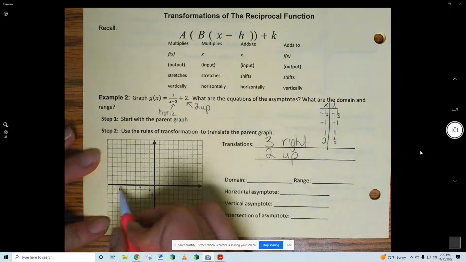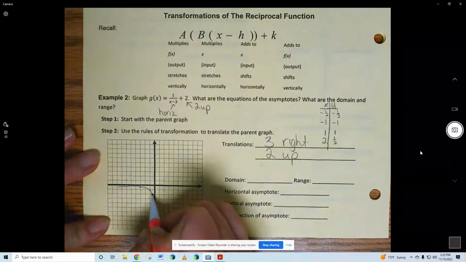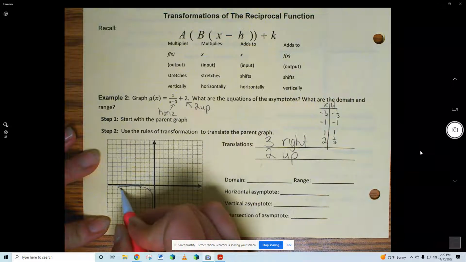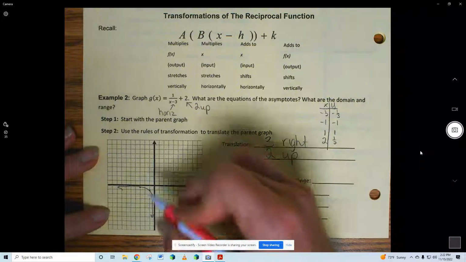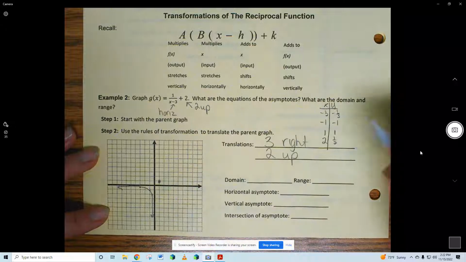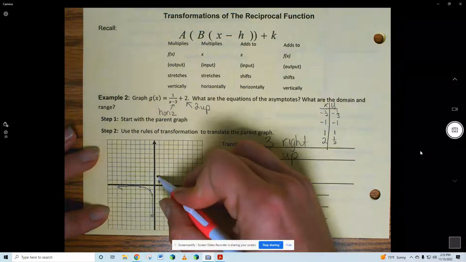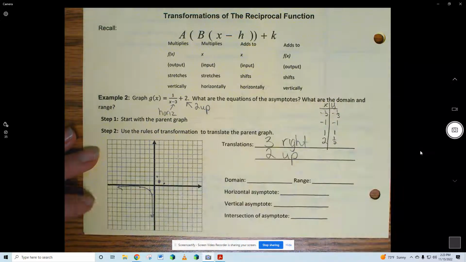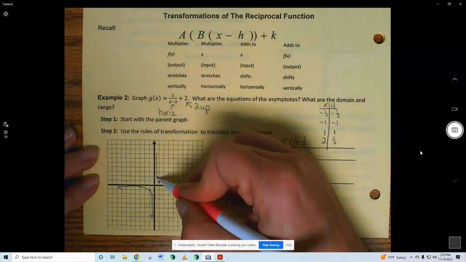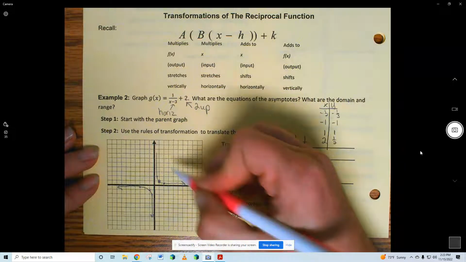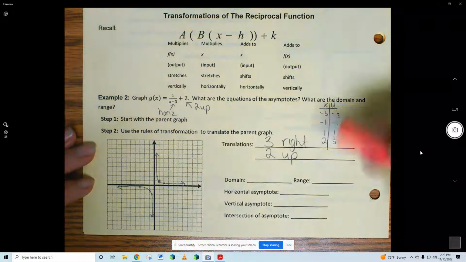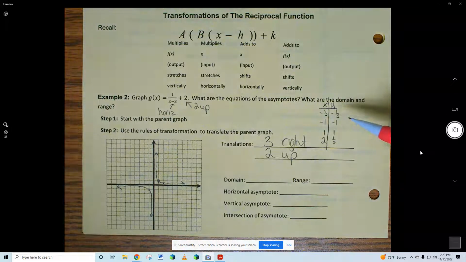So here's my parent function in pencil in quadrant 3. And I'm getting this from the front page, my little mini graph where I did my table of values right here.